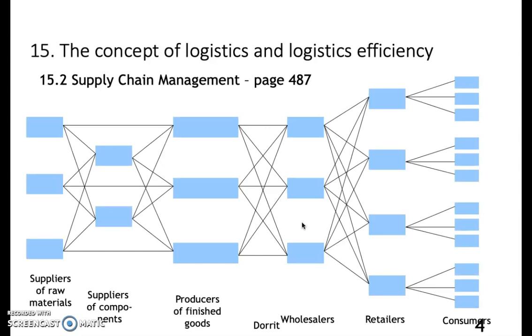The concept of logistics and logistic efficiency, we see suppliers of raw materials, supply of components, producers, finished goods, wholesale, retail, consumers. There's a lot of layers in this, but of course it's necessary that companies, both in retail but also wholesale but also in production, know exactly what their role is.